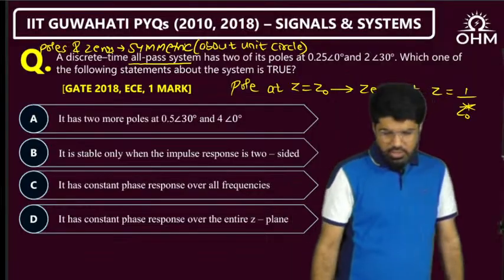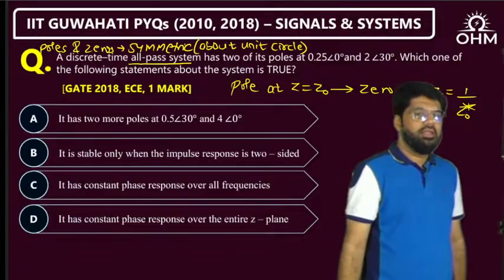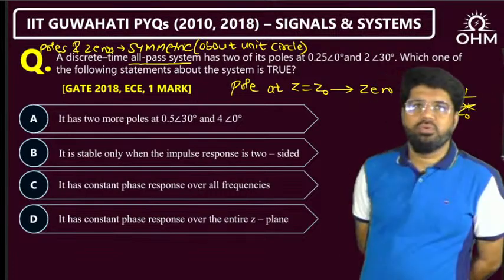That is, in the discrete time domain, the relation between the pole and zero.